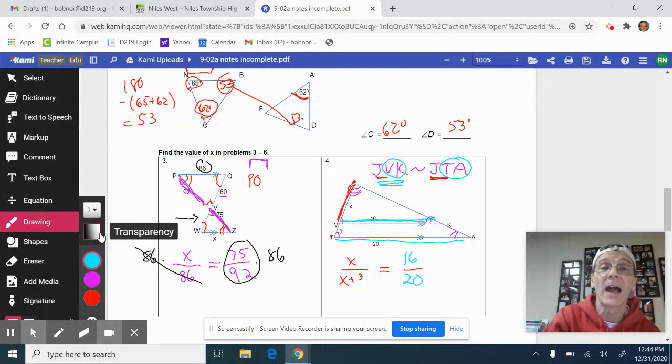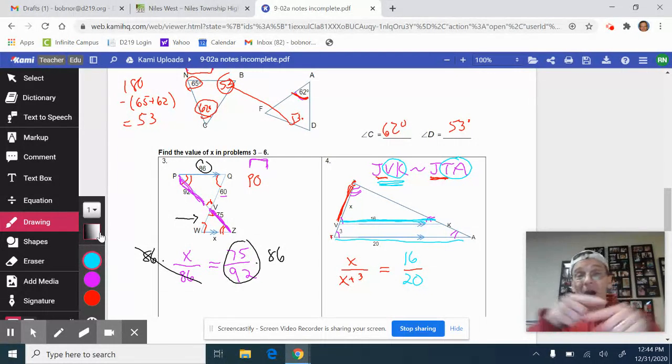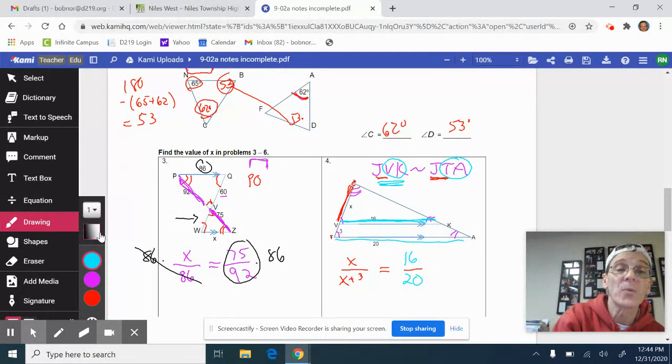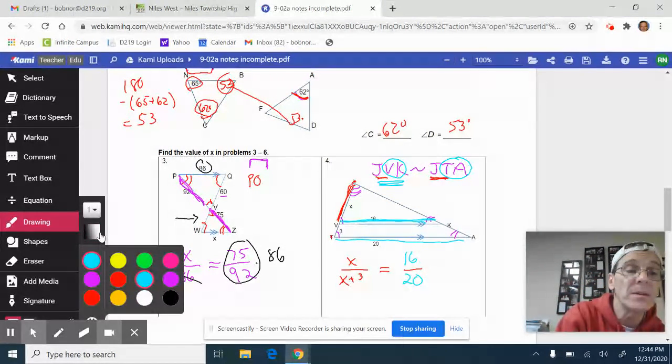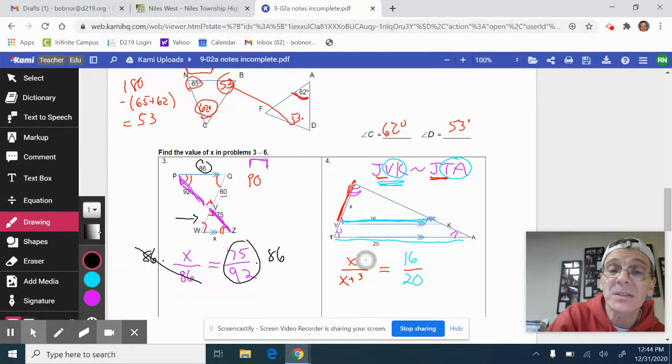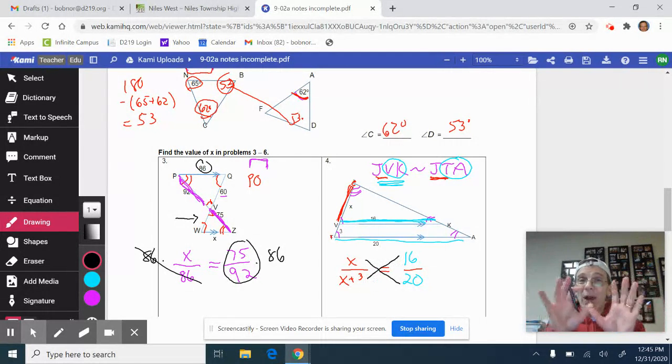When you've got two fractions set equal to each other, we can cross multiply. In other words, multiply the X times the 20 and the 16 times the X plus 3, and set those products equal to each other, right?